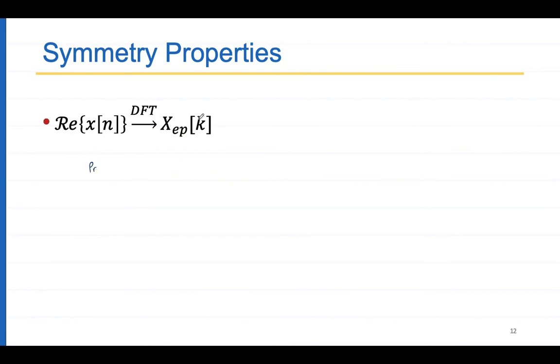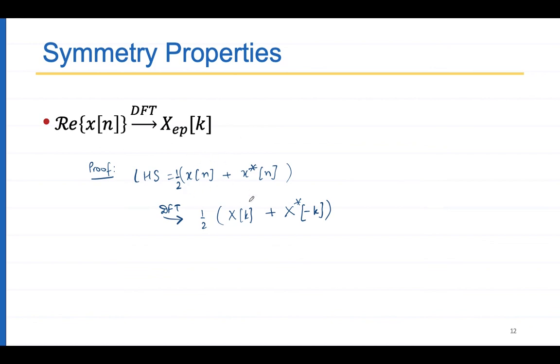Let's do the proof here. The LHS is the real part of x[n]. What is the real part of x[n]? It is x[n] plus x star of n, over 2. You all know this is how you extract the real part. Now take the Fourier transform. The Fourier transform of x[n] is simply X[k]. The Fourier transform of x star of n, you have derived to be X star of minus k. Of course, don't forget to put capital N here; that is understood.